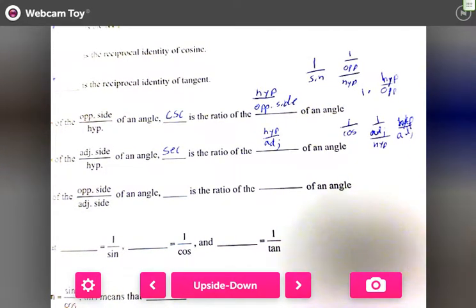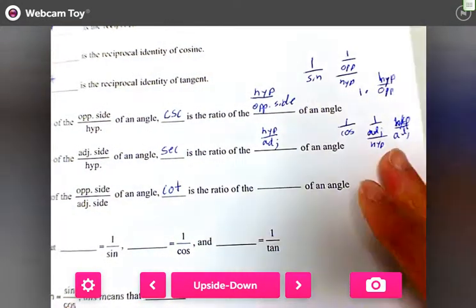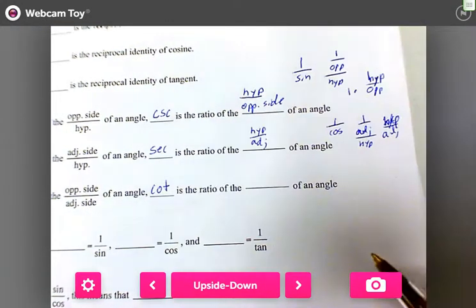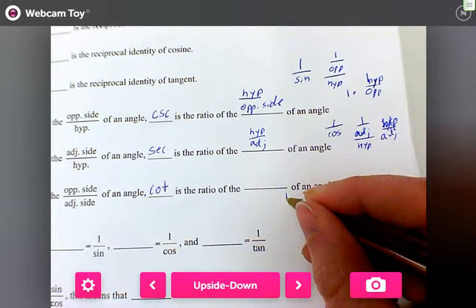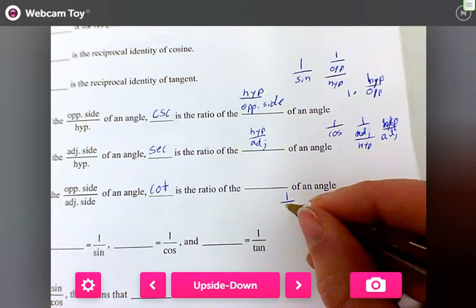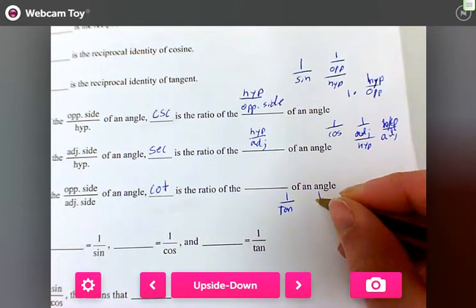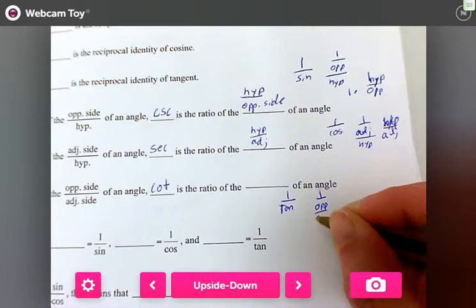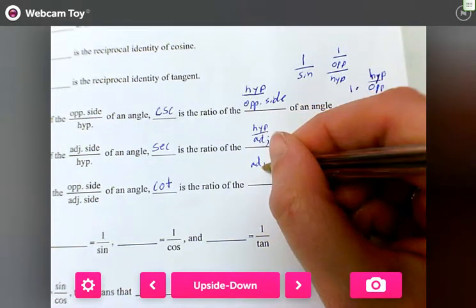Okay. Tangent is opposite over adjacent, and cotangent is the ratio of 1 over tangent. So that's 1 over opposite over adjacent. And that's how we get adjacent over opposite.